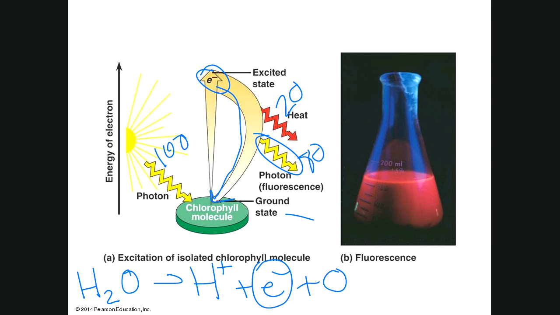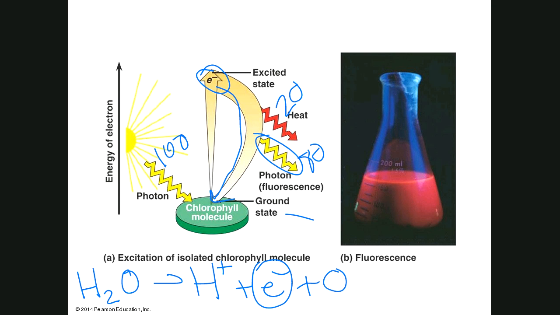Okay. What you're looking at on the right too is a flask of chlorophyll. What they did is they took ultraviolet light and shined that ultraviolet light onto this chlorophyll in this flask. Then they turned the lights off in the entire room, so it's totally dark. And what's reflected is the energy fluorescing back out again.